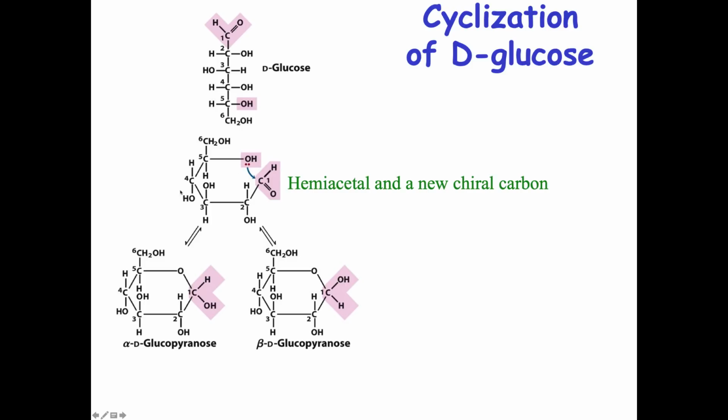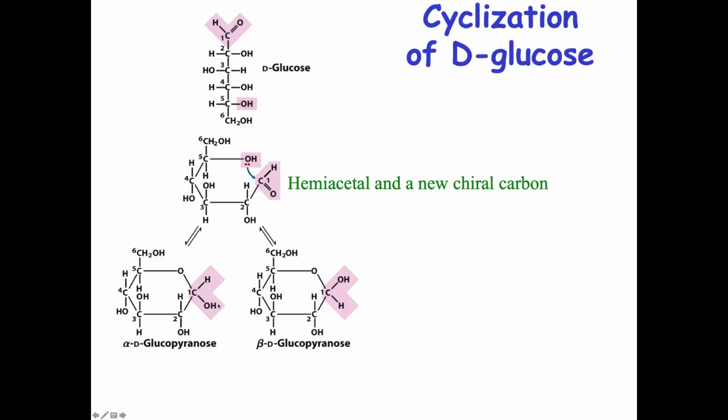Now this results in the formation of a hemiacetal, and again we see that this C1 carbon is now chiral. So it now has 4 different substituents, and this new chiral carbon can adopt 2 different conformations. Here we have alpha D-glucopyranose, and here we have beta D-glucopyranose.